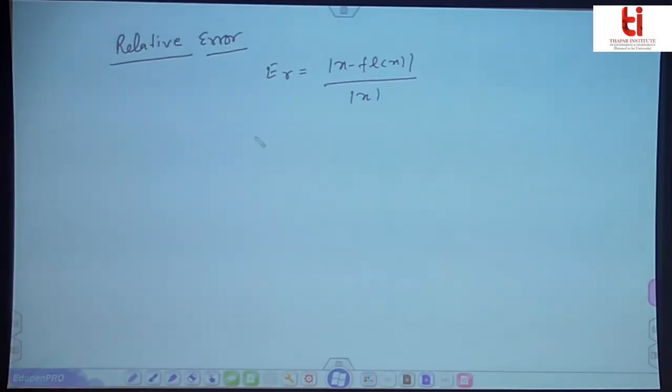As you are all aware, what is the value of x? x is 0.a1 a2 ... an, an plus 1 up to infinite, into 10 raised to power e, where a1 is not equal to 0 and a1 lies between 1 to 9, in normal form.